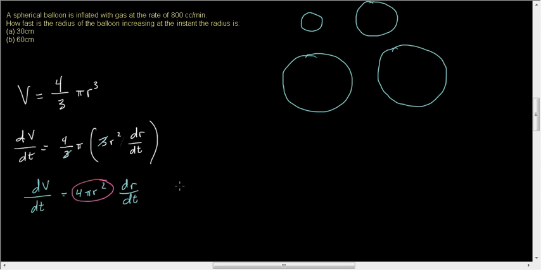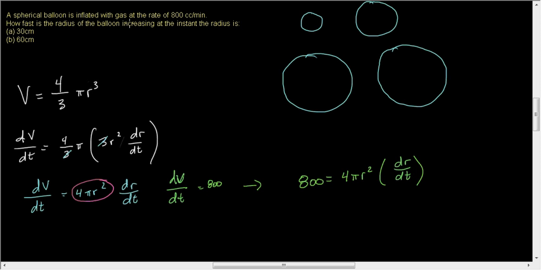But on this problem, the rate that our volume is changing is 800. So now we're going to use that. dV/dt is equal to 800. That means that 800 is equal to 4 pi r squared times dr/dt. I'm looking for the rate that the radius is increasing.